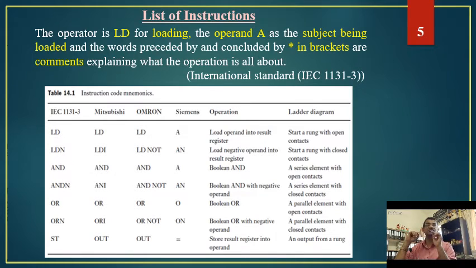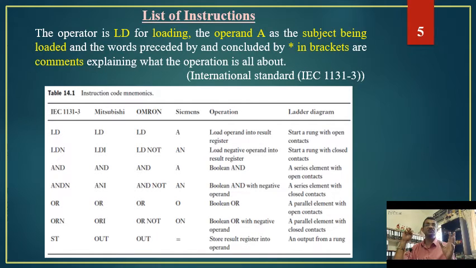It has to start with an asterisk and end with an asterisk. So after the instruction LD, we have to write in which address it is to be done. The address is a must, and the comment is optional.